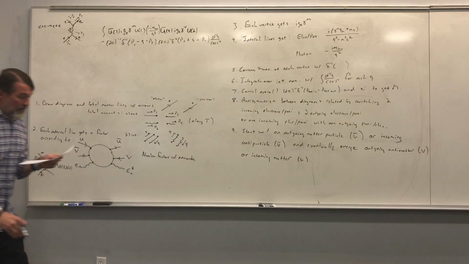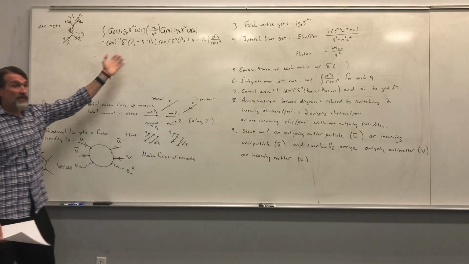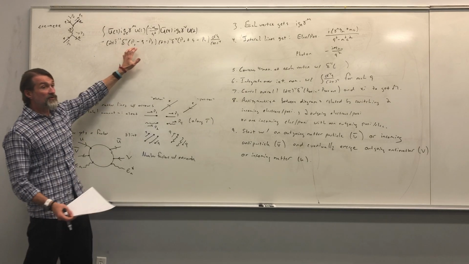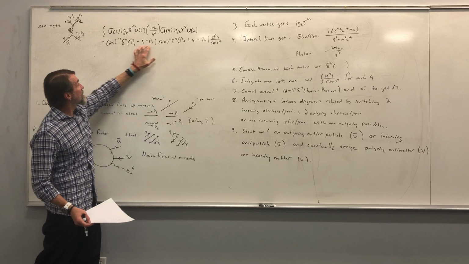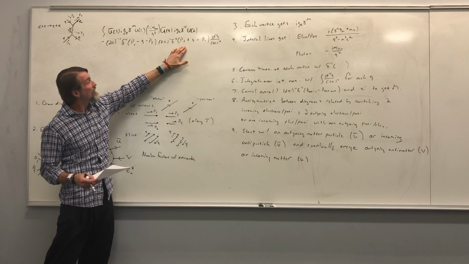I can, once again, use the delta functions. I can use one of them to do the Q integral. What I'll be left with is the delta function after I've used maybe this delta, which one do I use? Yeah, I'll use this one.